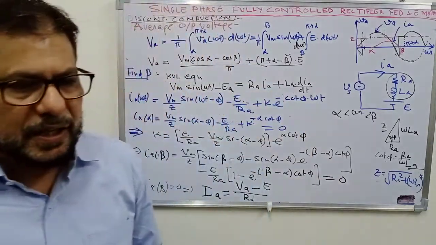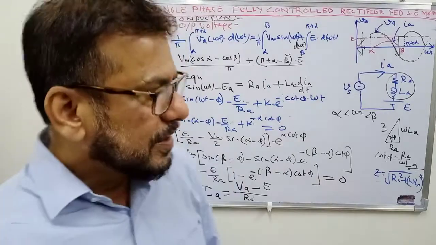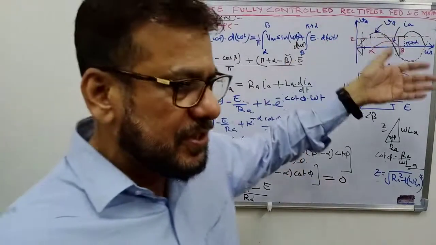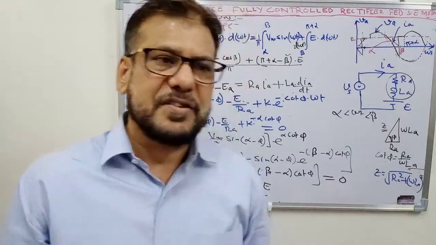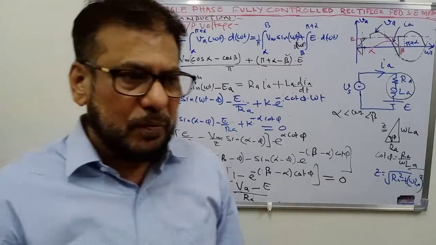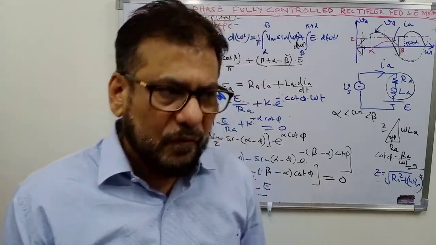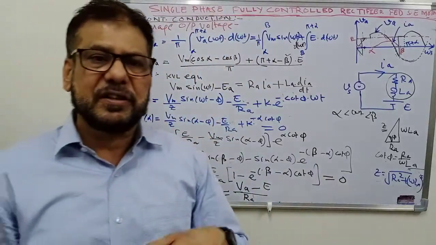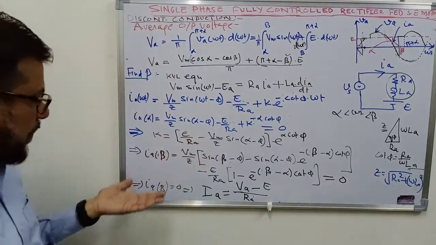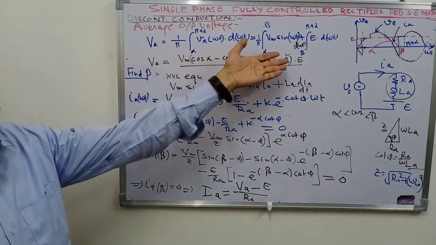So that is all for this lecture. In the next lecture we shall try to find out the conditions in which the conduction is continuous or discontinuous. Because when you get some problem, you don't know whether the conduction is continuous or discontinuous. So what equation do you have to use for the average value of output voltage?